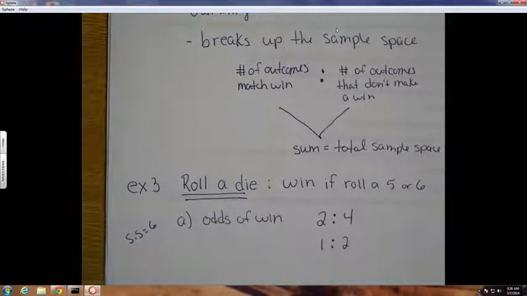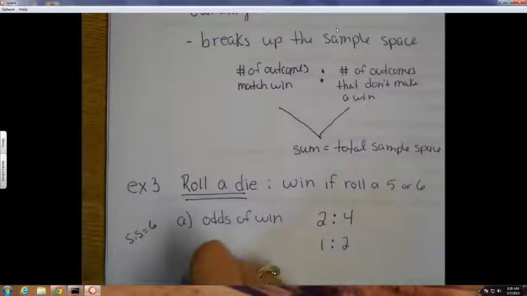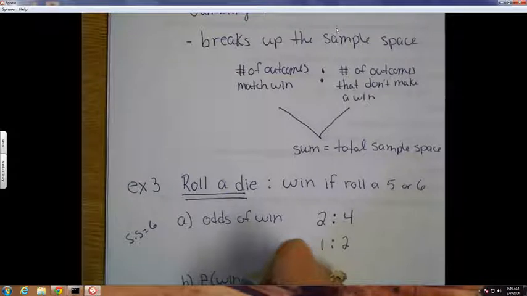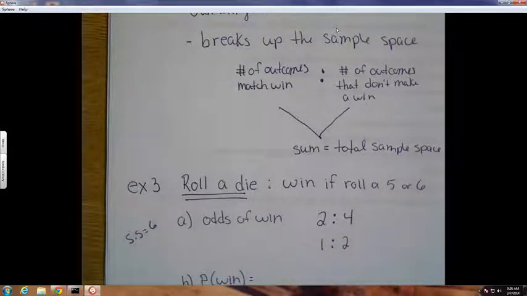But what's the probability that I win this game? So how many ways are there for me to win? 2. Out of how many total in the sample space? 6, which reduces down to 1/3.